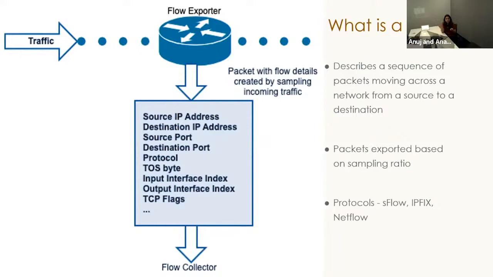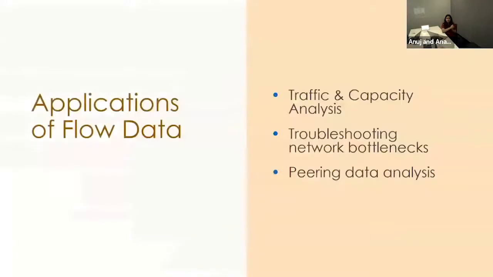This exporting of flows usually involves sampling. Let's say that the network device is configured with a sampling rate of 1000. For every 1000 packets that the device is seeing, it will export one packet to the external collector. Next slide, please.